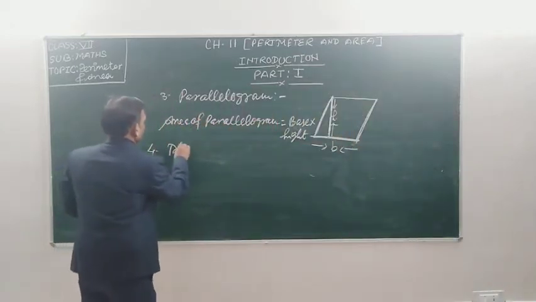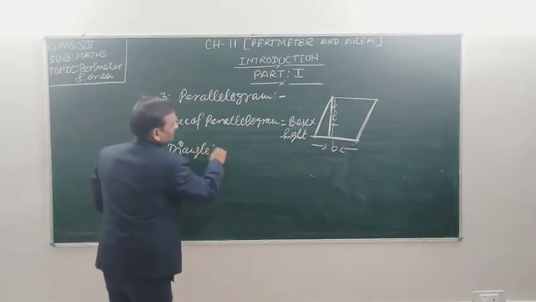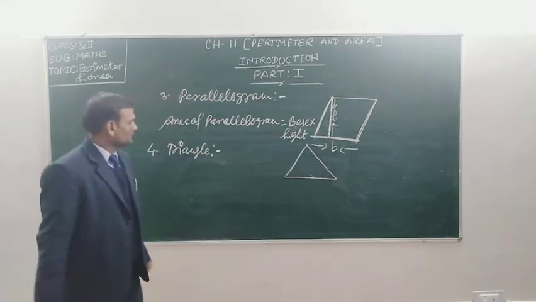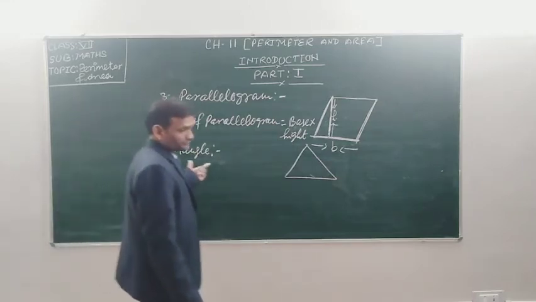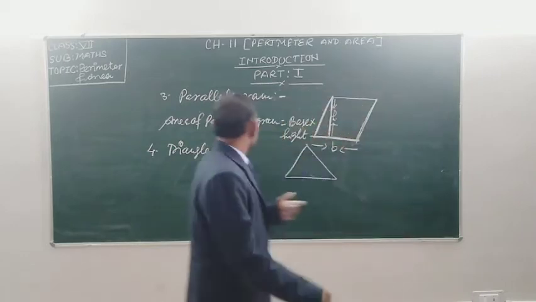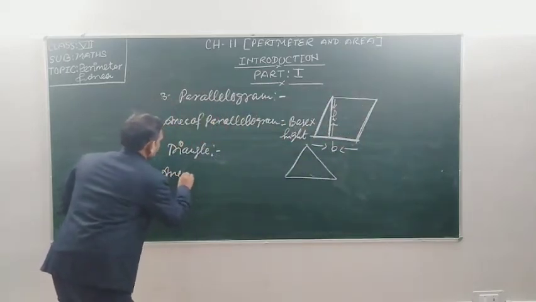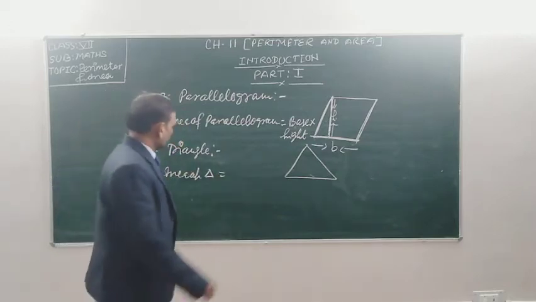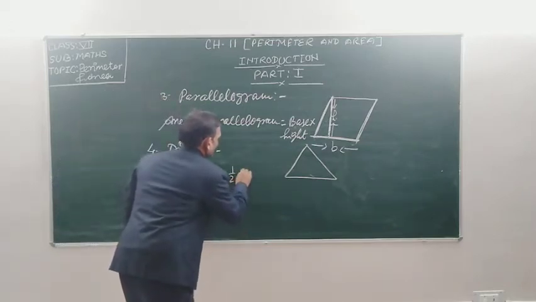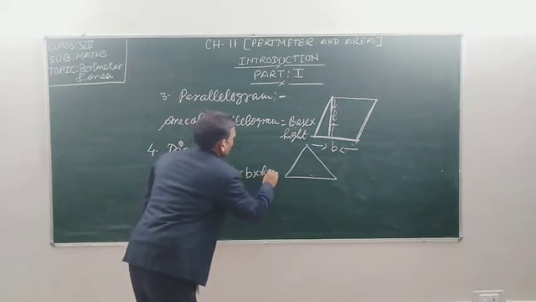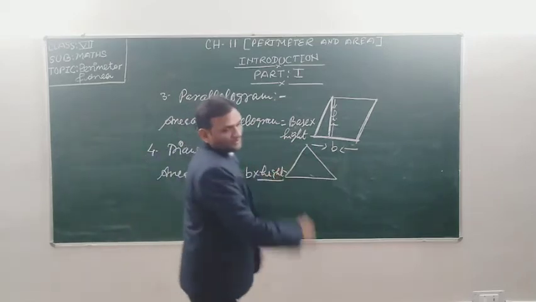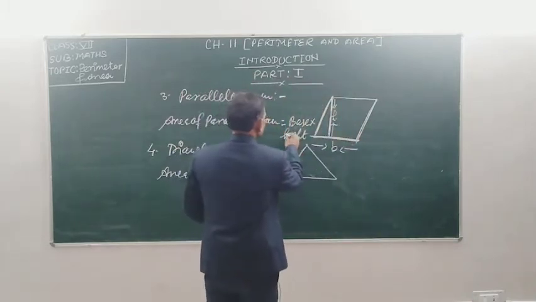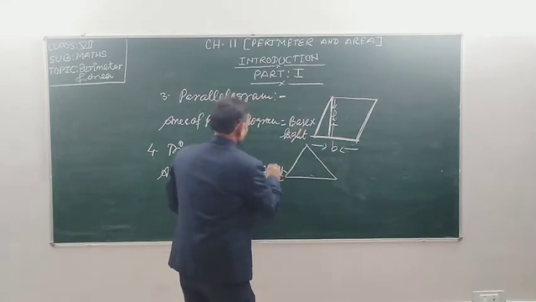Fourth, triangle. This is my triangle. Area of the triangle, student: area of triangle is equal to 1/2 into base into height. 1/2 base into height.